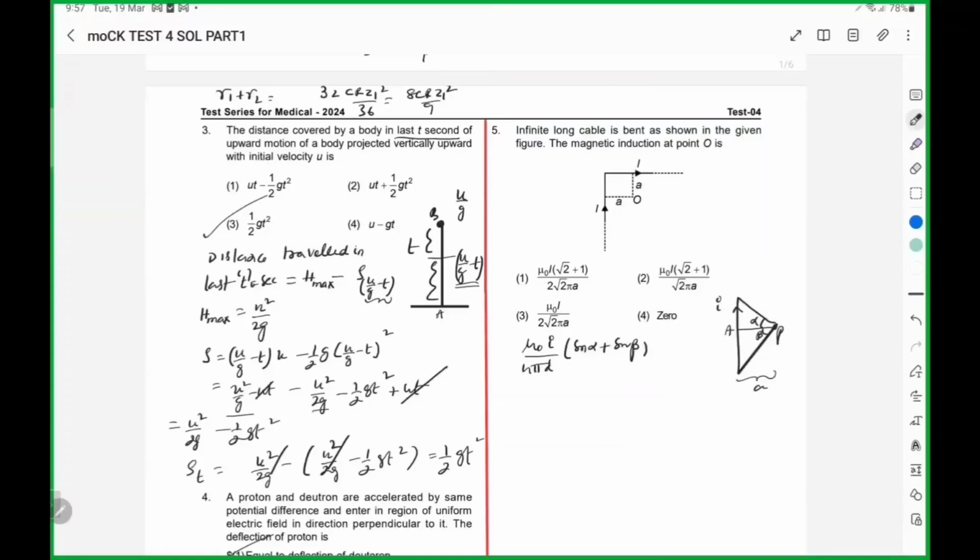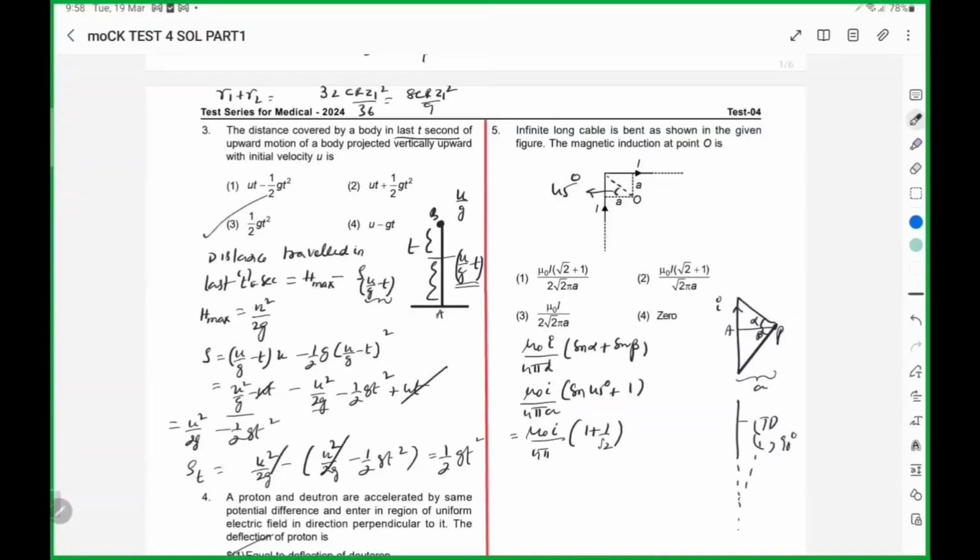In this diagram, one side it is a semi-infinite wire. Once it is a semi-infinite wire, this angle becomes 90 degrees for infinite wire. Mu naught I by 4 pi A, and alpha here is, since it is a square, this angle becomes 45 degrees. Beta is 90. Mu naught I by 4 pi A, 1 plus 1 by root 2.